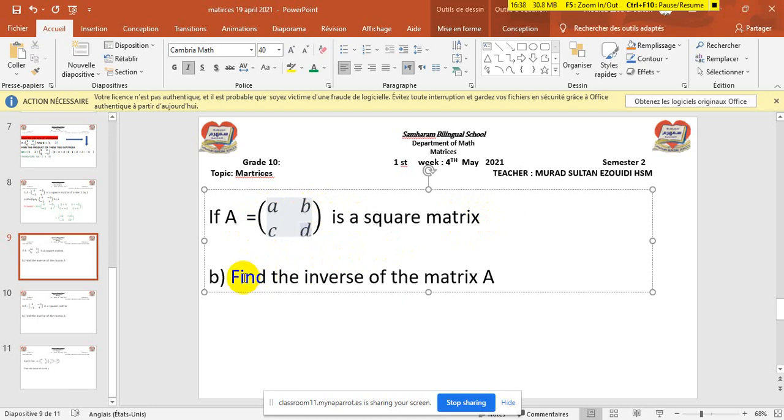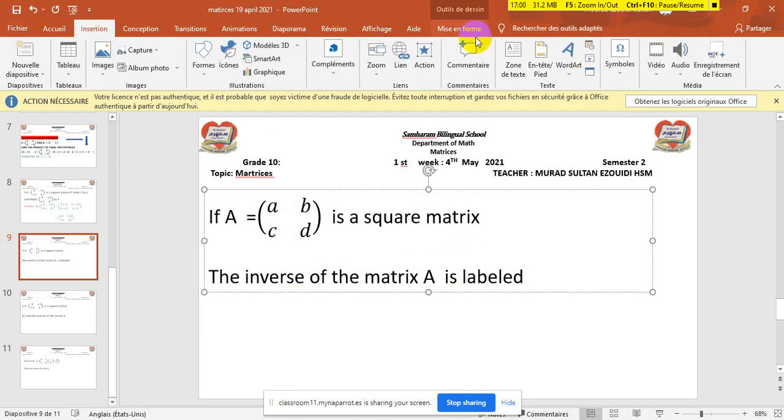So the inverse of this matrix A is denoted or labeled A negative 1.